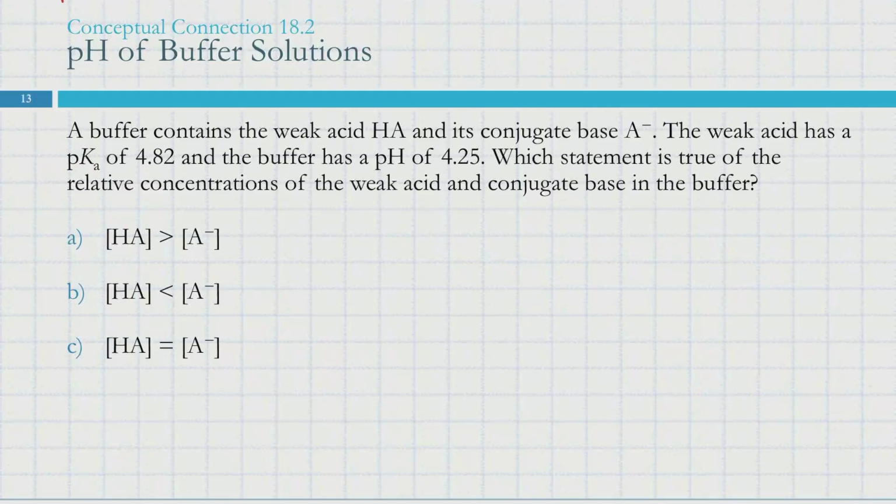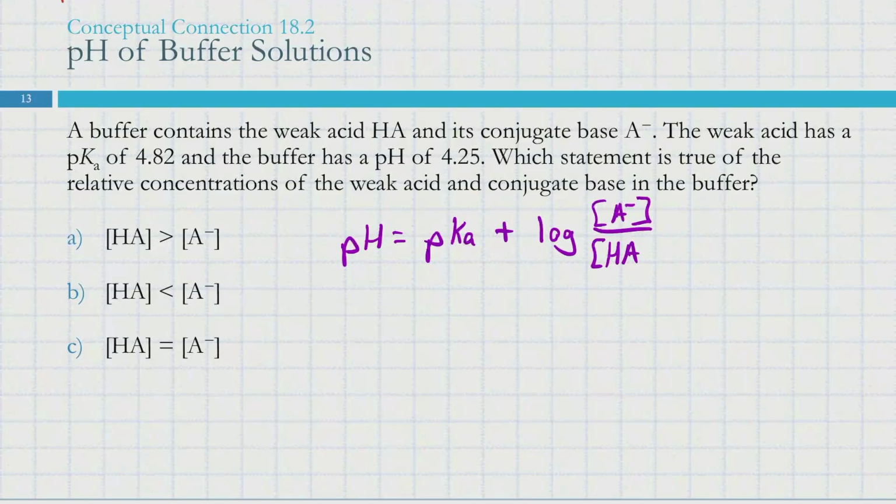All right, coming back, we want to be thinking about Henderson, but not just about Henderson, also about Hasselbalch. So pH is the pKa plus the log of concentration of the base over concentration of the acid. We've got values for pKa, 4.82, and our pH of 4.25.